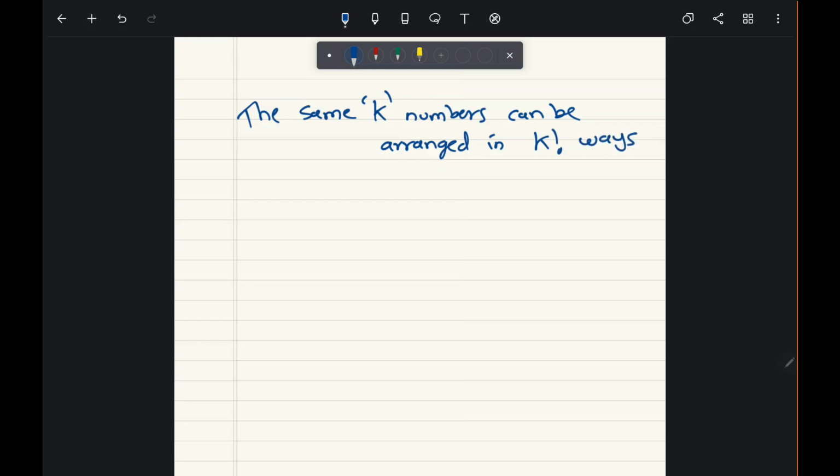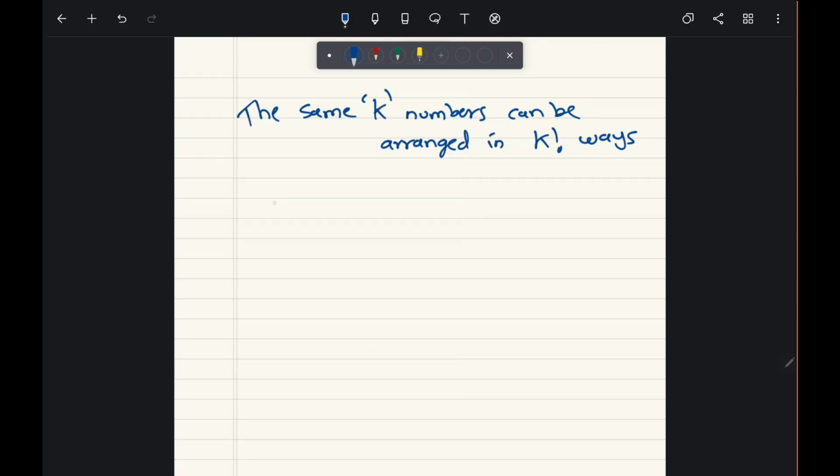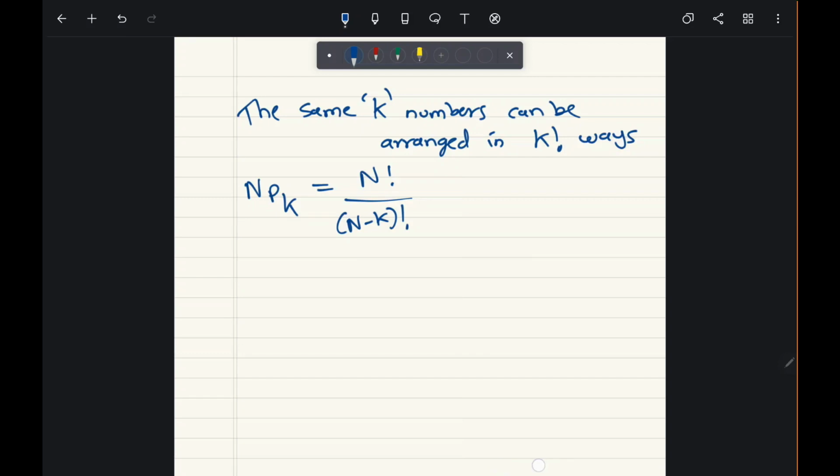So that means that every unique choice of numbers in our permutations, nPk, which was n factorial upon n minus k factorial, where we are choosing k numbers here, is being arranged in k factorial ways. If we count those k factorial ways only once, we get the number of unique choices, which is combinations.